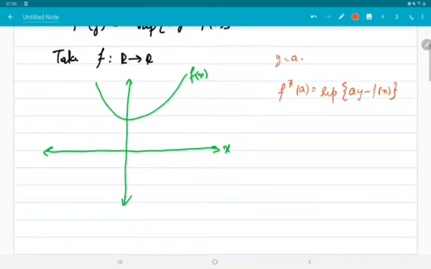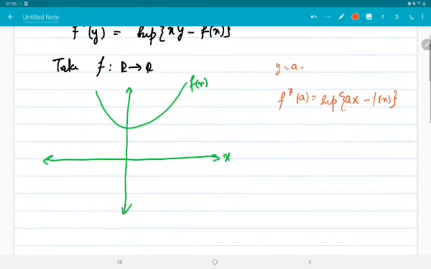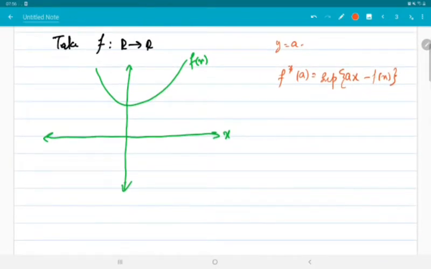Now ax is a line which is passing through the origin like this.